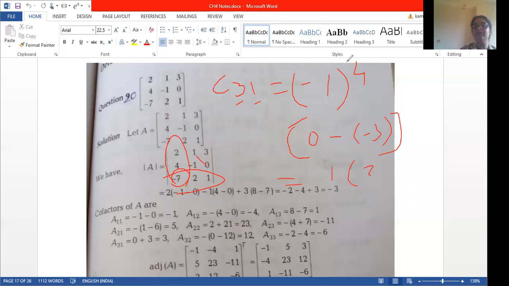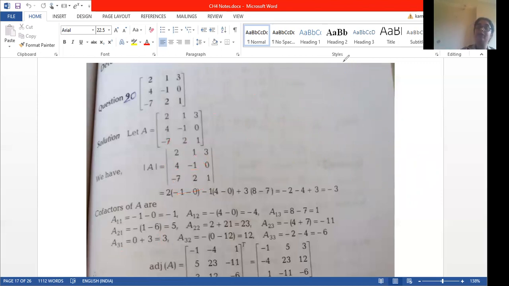Minus of minus 3 is what? 3. So your answer will be 3. So C31 is equal to 3. Now here they have taken A31. A31 is equal to 3. Same thing we are having. Clear? So don't get confused that they have written A31, A11 or whatever. We are writing C11. Both the things are the same. The notation can be for cofactors. You can use capital A11 also or capital C also.